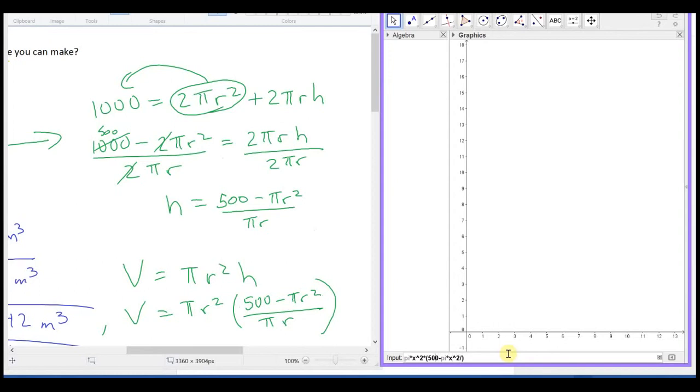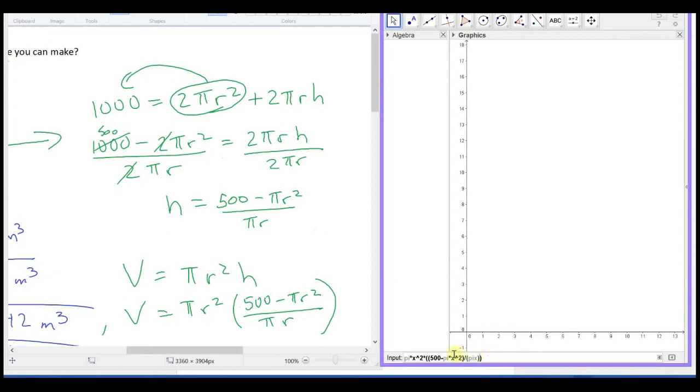I want to divide everything. So by order of operations, I need to put this in brackets. So it'll all be divided by pi x.